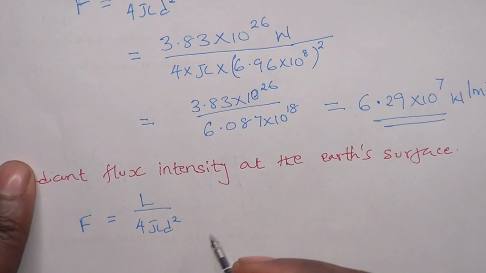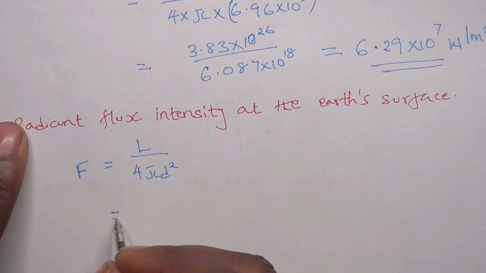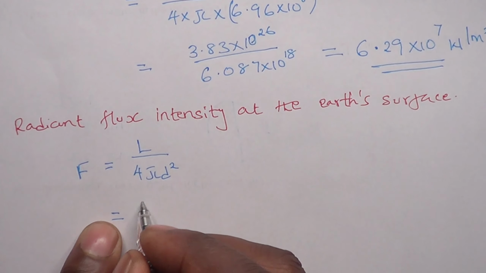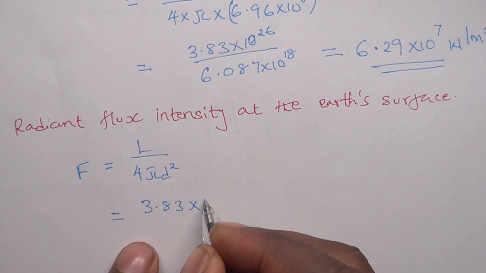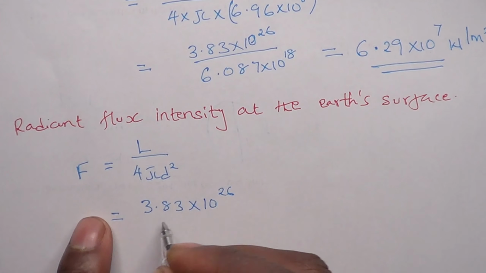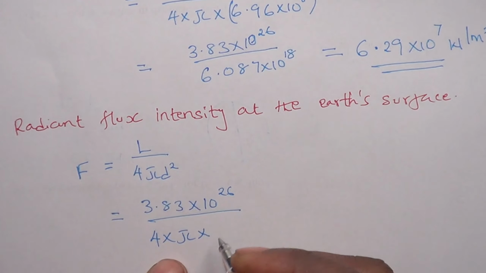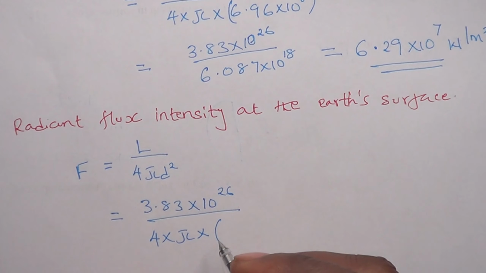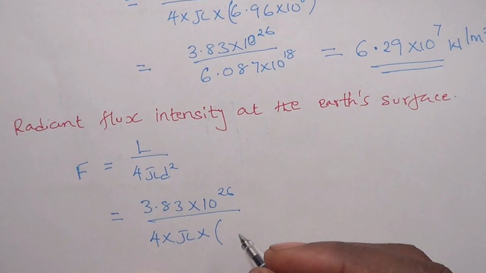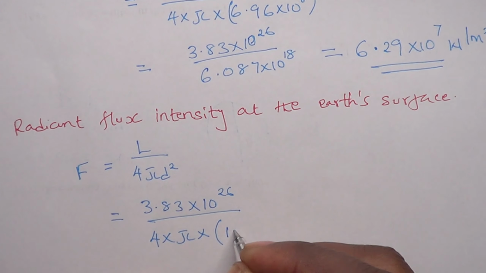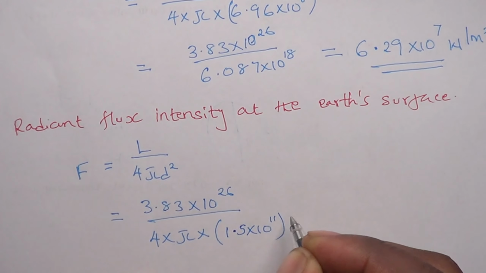The luminosity is the same, 3.83 times 10 power 26 over 4 times pi times the radius of the Earth we were given, that is 1.5 times 10 power 11 squared.